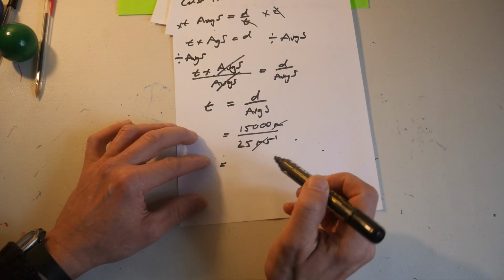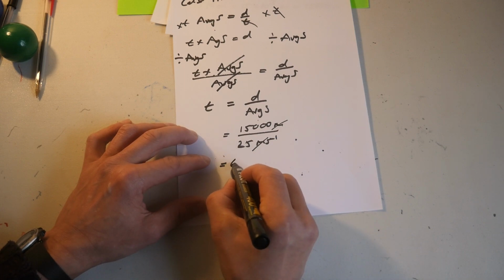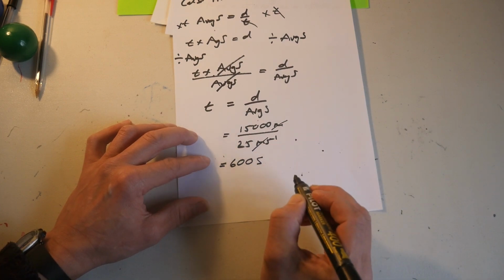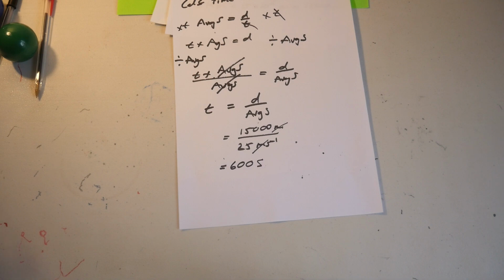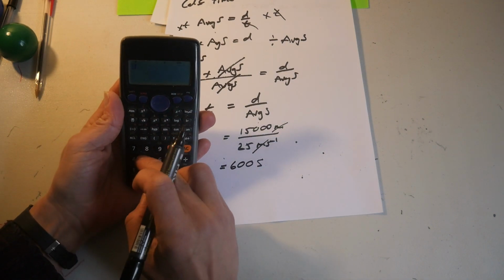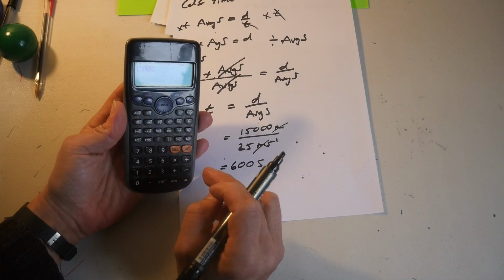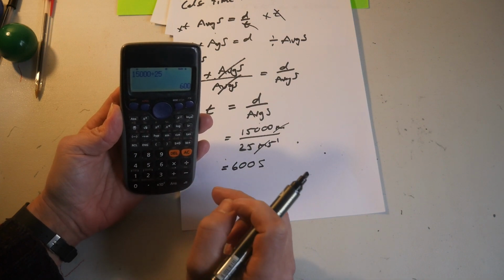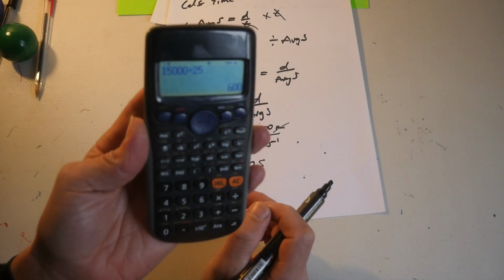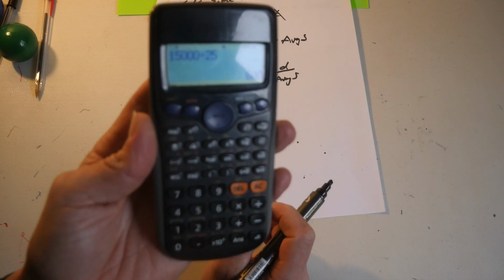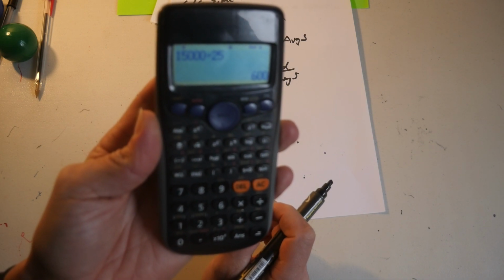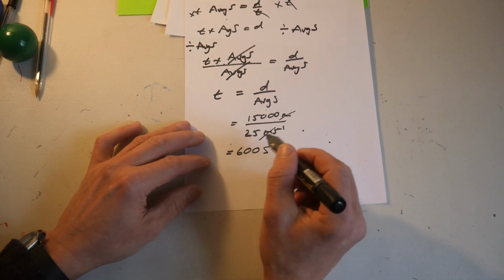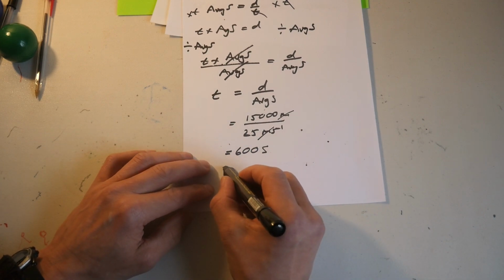The seconds to the minus 1 below goes up on top, so you end up with seconds. So that comes out as 600. So 15,000 divided by 25, if you punch it through the calculator, equals 600. Okay? See that? So yeah, the time taken to travel 15 kilometers is 600 seconds, which is 10 minutes.